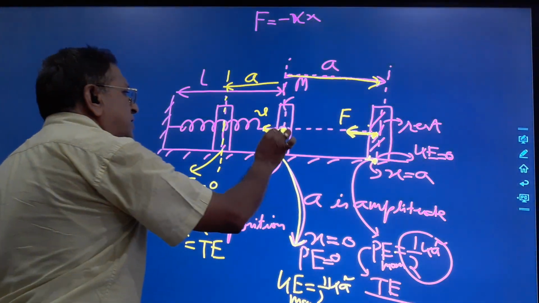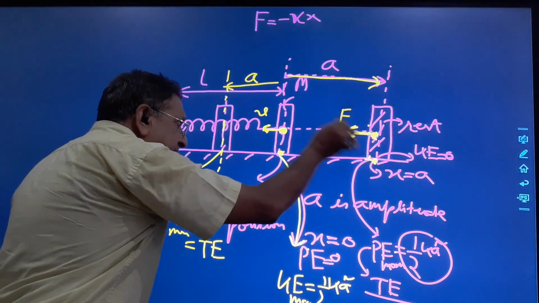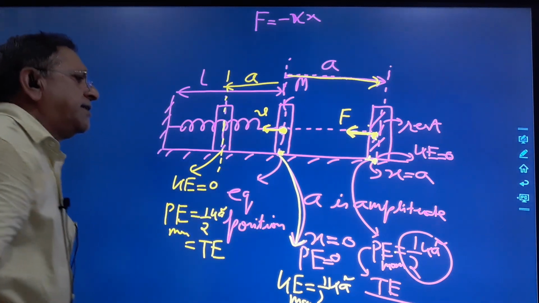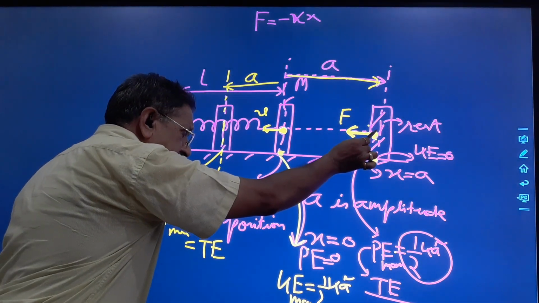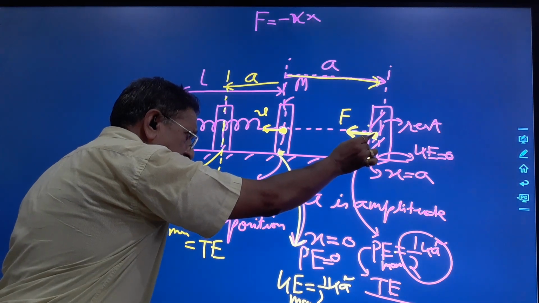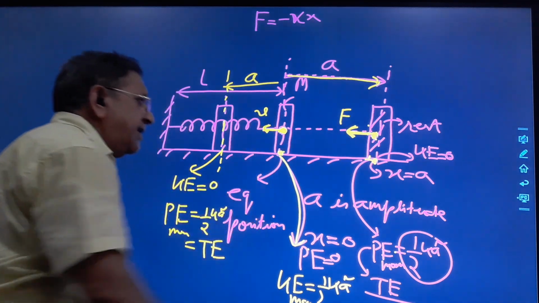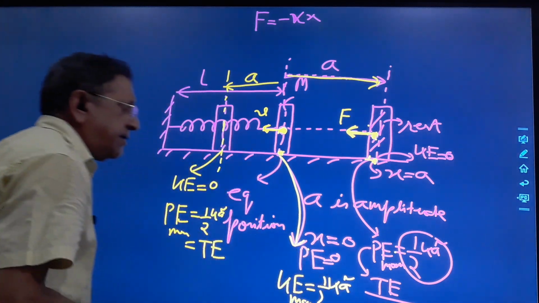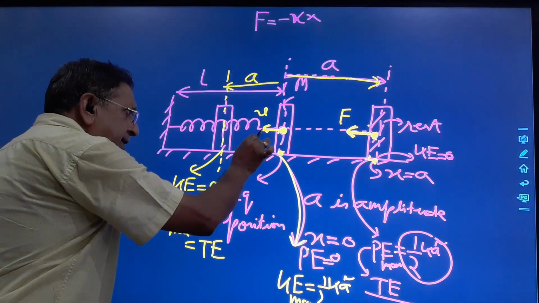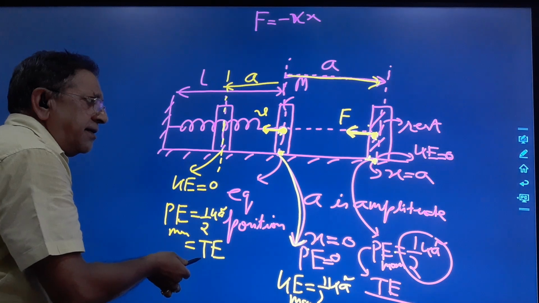From this position to the equilibrium position that potential energy converts into kinetic energy. At this position kinetic energy is maximum, and now the block moves in this direction.